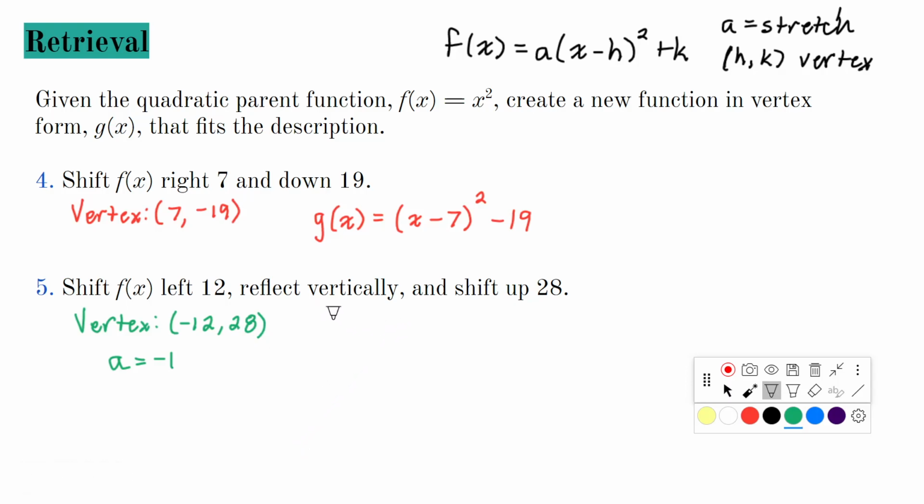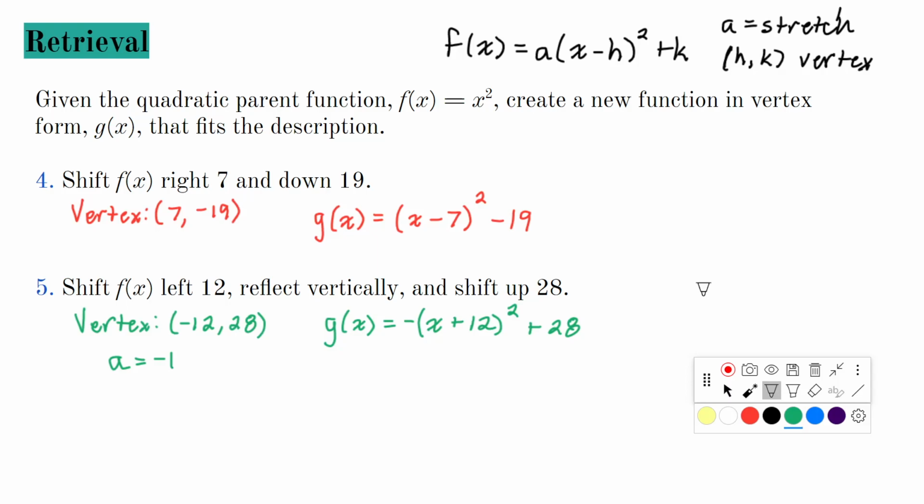So our equation will be g of x equals, you can write negative 1 or you can just write negative, parentheses, x. The opposite of negative 12 is plus 12 squared, and up 28 is plus 28. And there you have your vertex form.